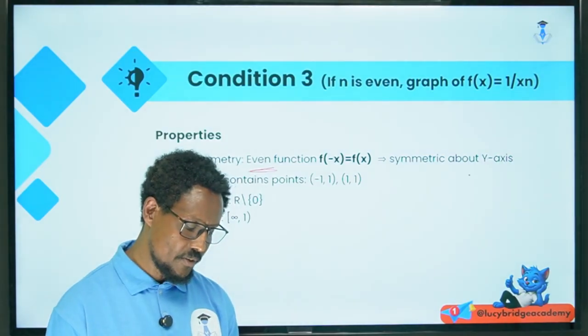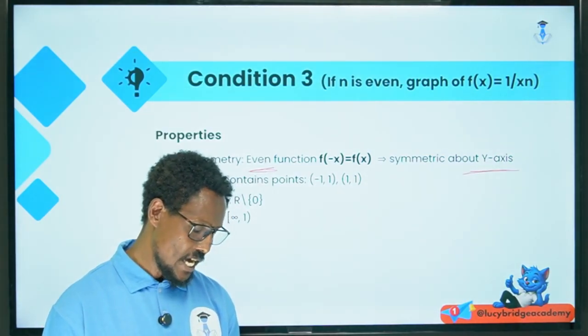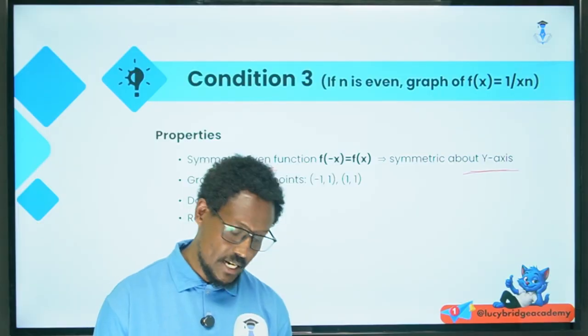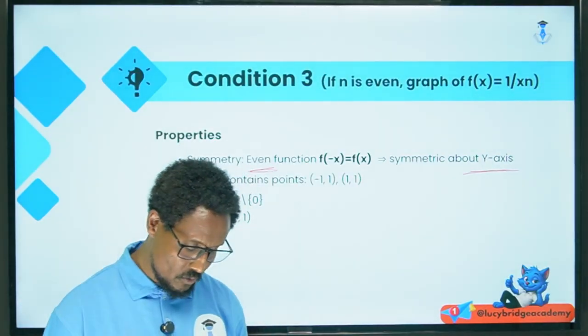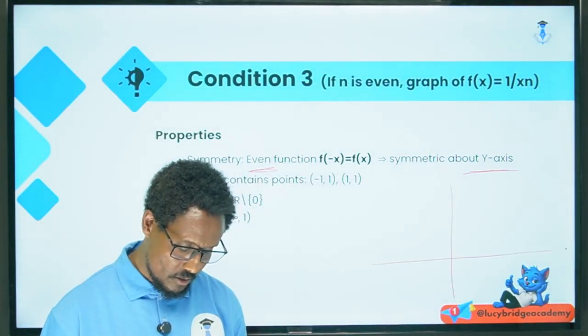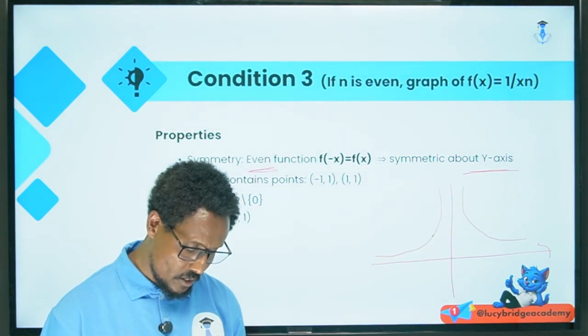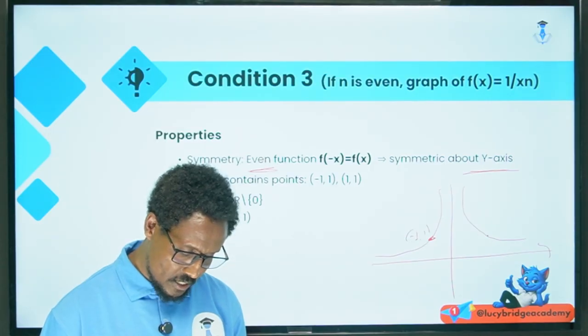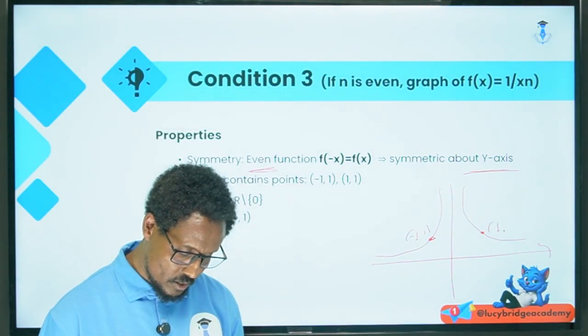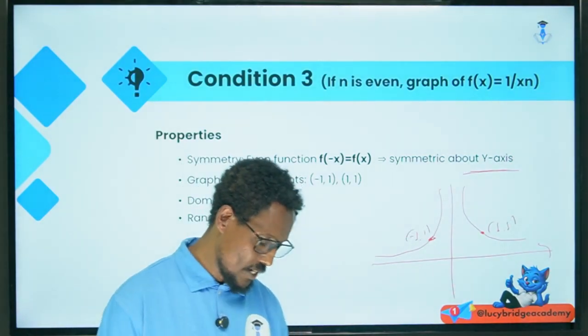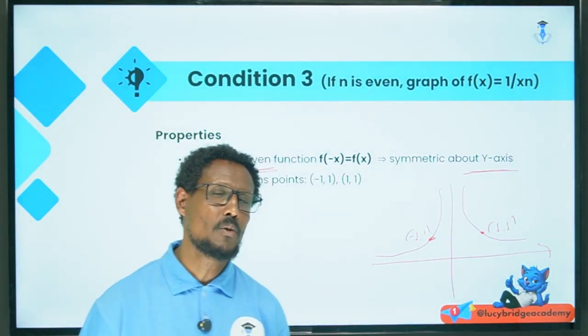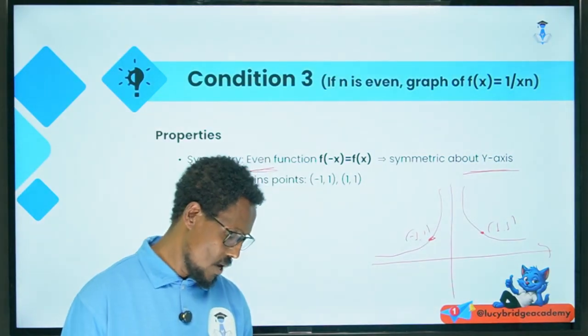Even, symmetric about the y-axis, and the graph contains the points minus 1, 1 and 1, 1, okay? Because the graph looks like this one. This is minus 1, 1 and this point is 1, 1. So the function contains these 2 points, minus 1, 1 and 1, 1.